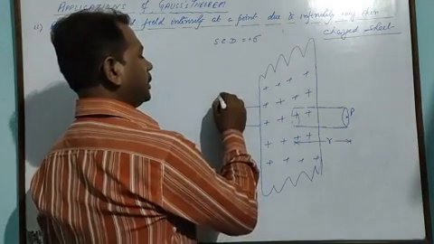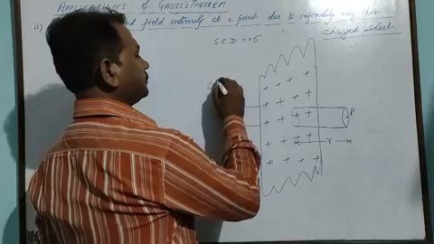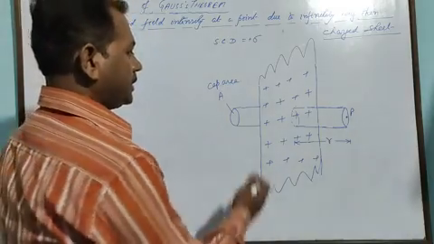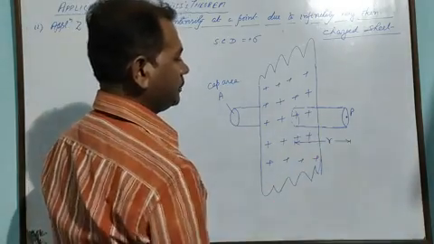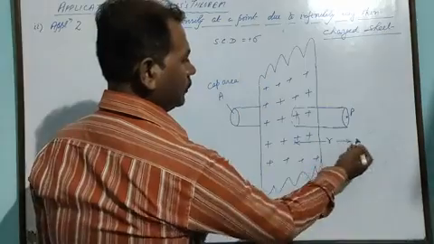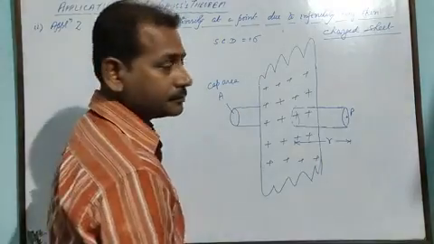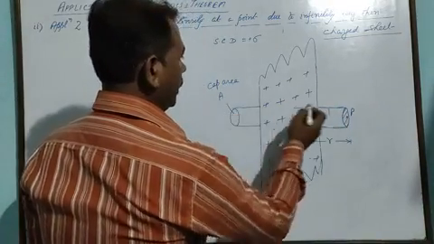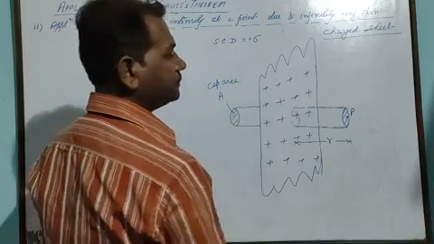Its cap area is A. Its length will automatically become 2r, r from this side, r from this side, and the cap area as we have taken is A on both the sides.